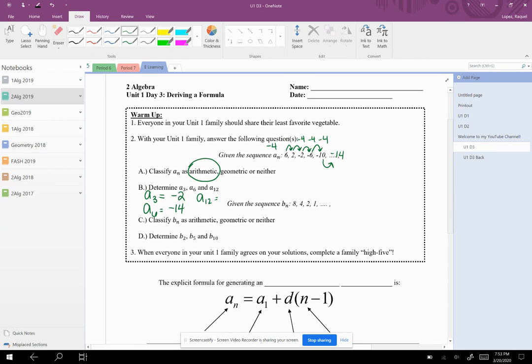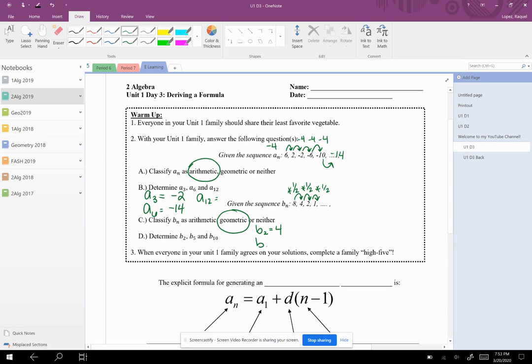Okay, given the sequence b sub n, we have 8, 4, 2, and 1. Over here, I'm noticing that I'm dividing by 2 each time, which is the same thing as multiplying by 1/2. So that tells me that this sequence is geometric because we've got repeated multiplication. The second term in this sequence happens to be 4.